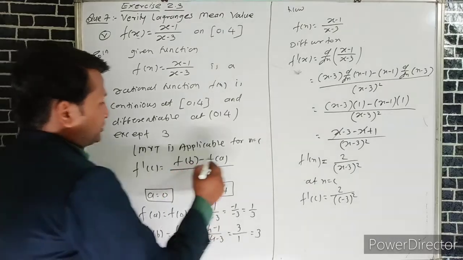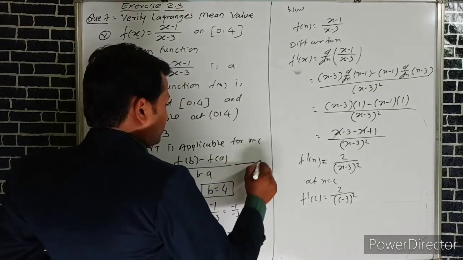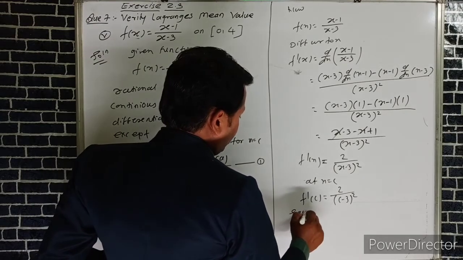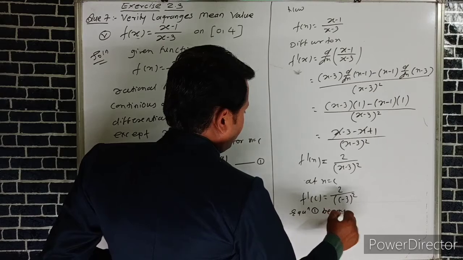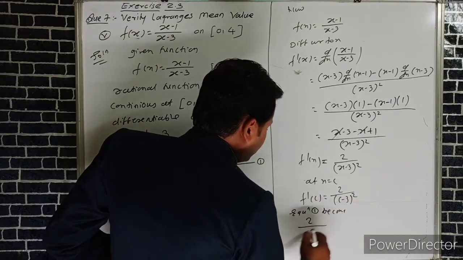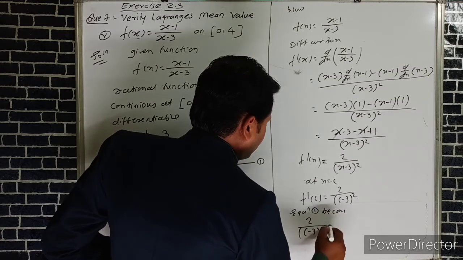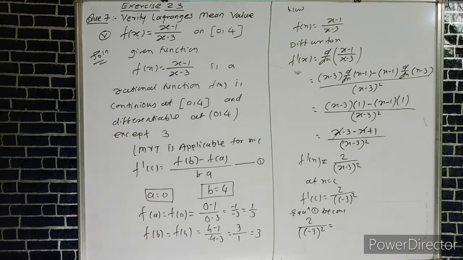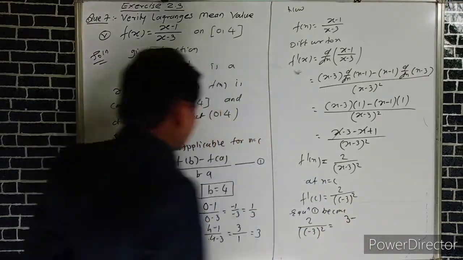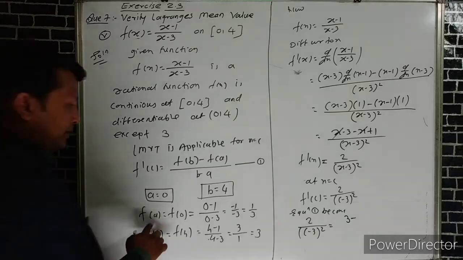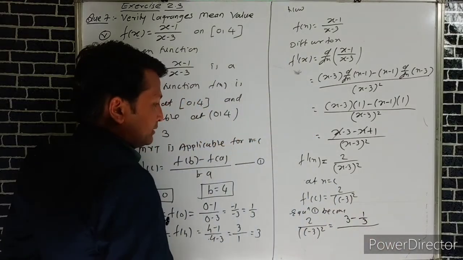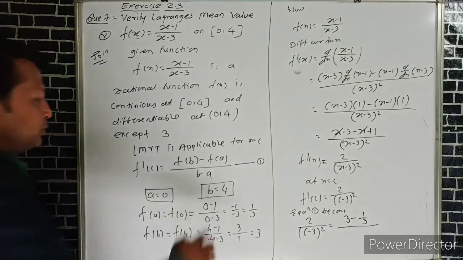By using these three values in equation 1, the left hand side, which is f dash of c, minus 2 upon c minus 3 bracket square, equals f of b, which is 3, minus f of a, which is 1 by 3, upon b minus a, means 4 minus 0.